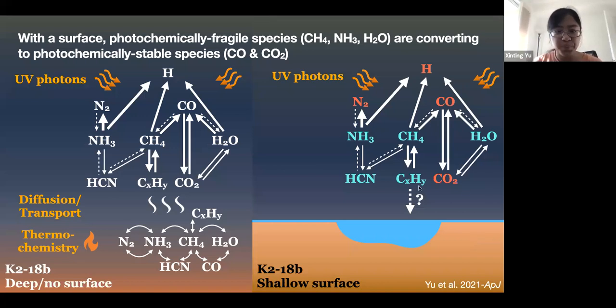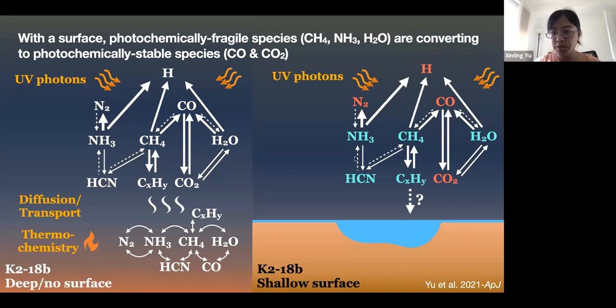So we would be able to say that in this kind of scenario, the shallow surface case tends to have fewer photochemically fragile species and more photochemically stable species. Another cool thing we notice is that ammonia and methane have different sweet spots where they get fully recycled. For nitrogen species, it's slightly hotter and deeper, while for carbon species it's shallower and cooler.